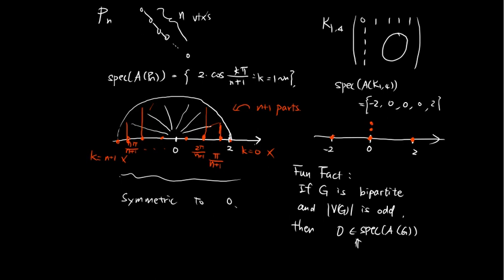And equivalently, the determinant of A is going to be 0. So interesting, right? It is just based on the number of vertices, and you can tell something about the eigenvalues.